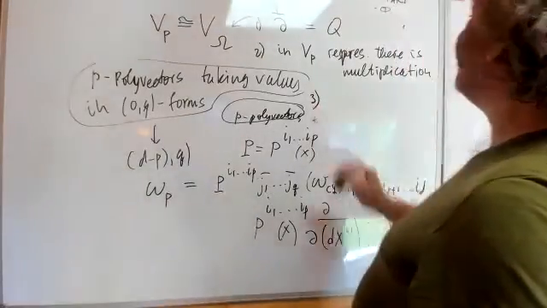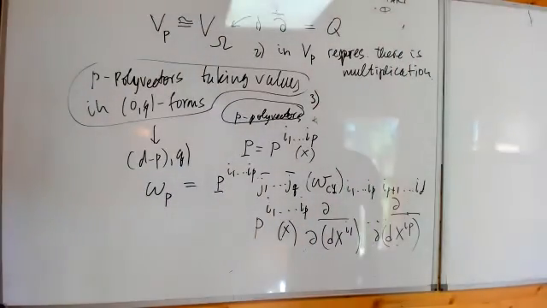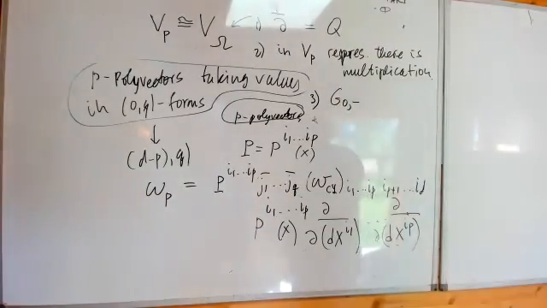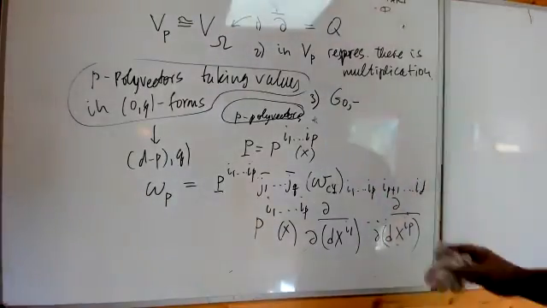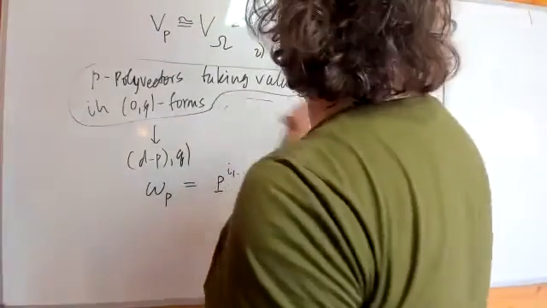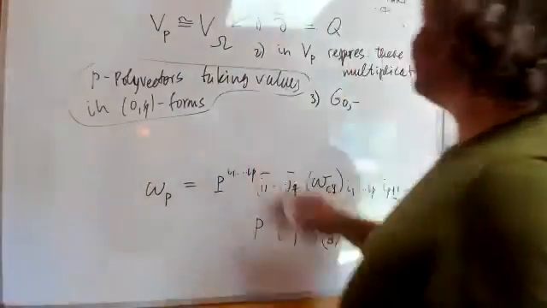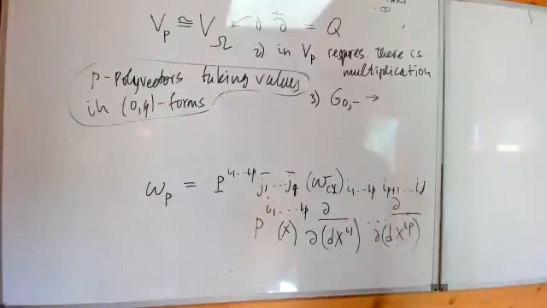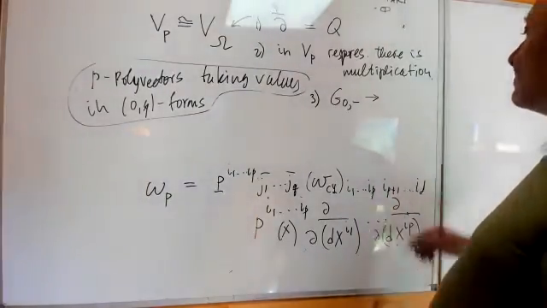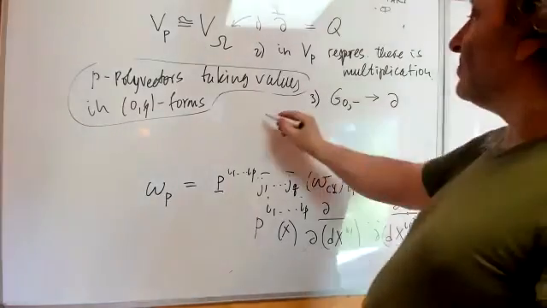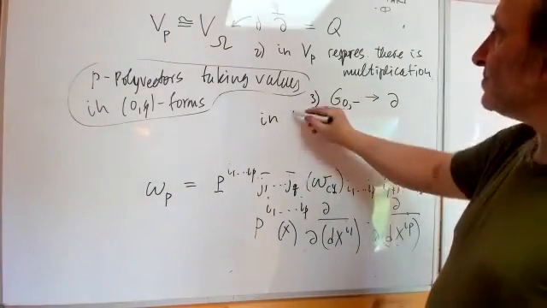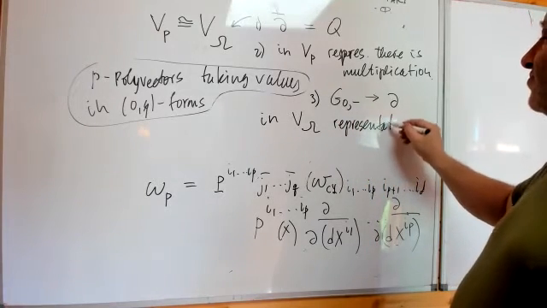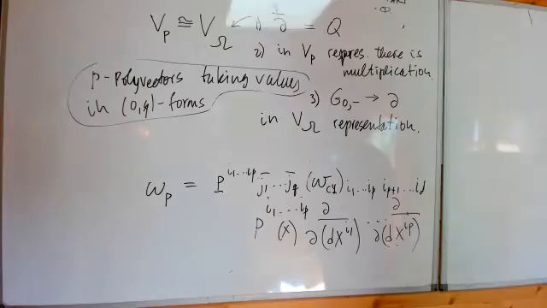Now I need to say what is G naught minus. So G naught minus would be Dolbeault in VQ representation. Okay?